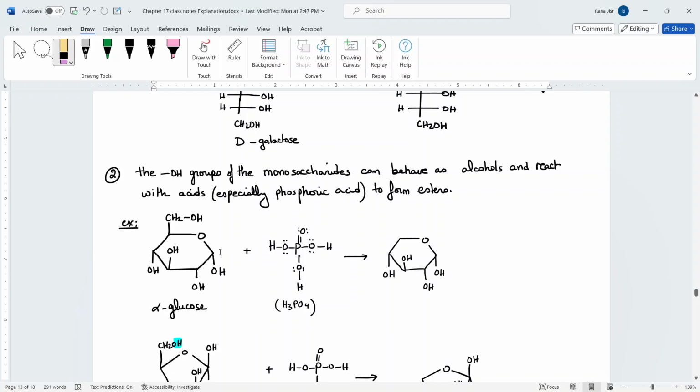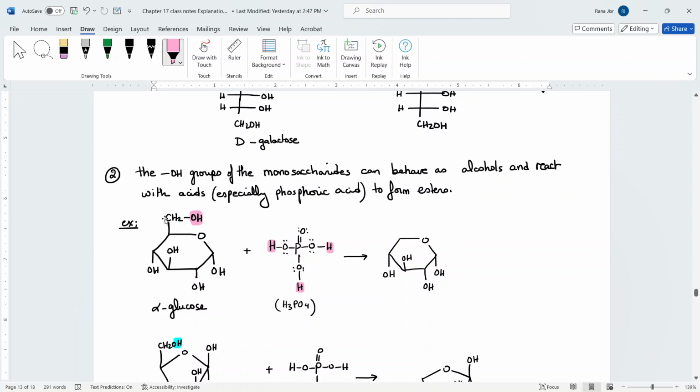Another reaction of the monosaccharide is the reaction of the phosphoric acid with the OH group of the monosaccharide. Those two are going to react with each other, and you're going to get the phosphate ester. So the CH2 will lose the OH, and the phosphoric acid will lose all of its hydrogens in there.